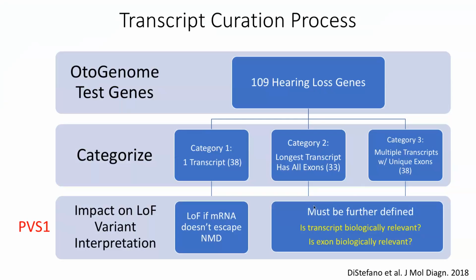Maybe it's predicted to be spliced out in GTEx. Maybe the transcript isn't expressed in your tissue of interest that you're evaluating. So these are things that would need to be further curated before you can just apply PVS1 and almost bump a variant to likely pathogenic. If you had, for example, absent from population databases, PM2, that would bump it.